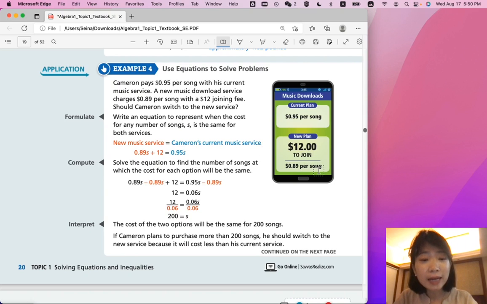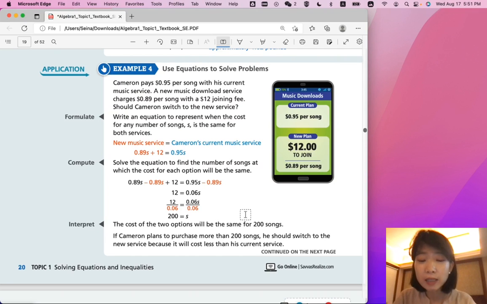So 0.89 times the number of songs that he plays plus the joining fee of 12 should equal 0.95 times the same variable S. When you solve for the equation, you should get S is equal to 200. What does that represent? That means the cost for the two options will be the same for 200 songs.